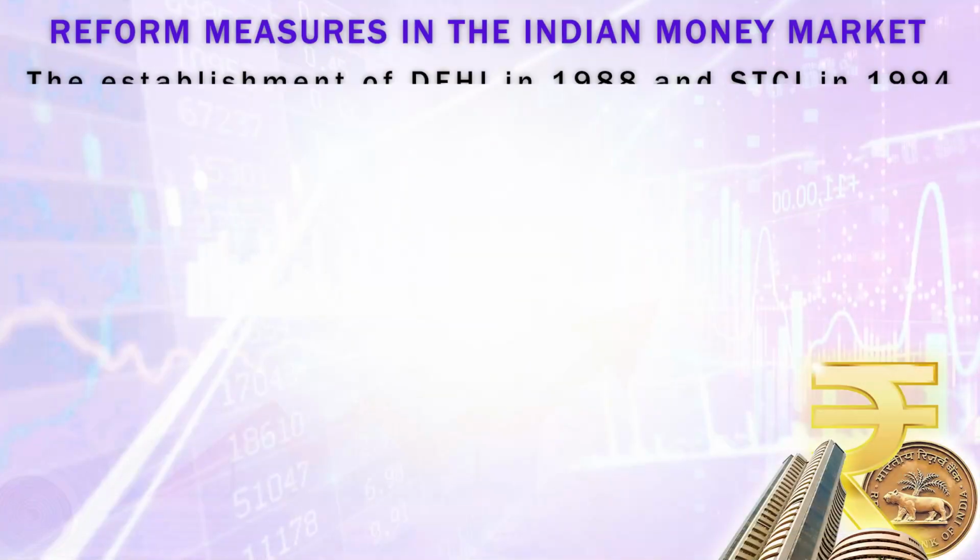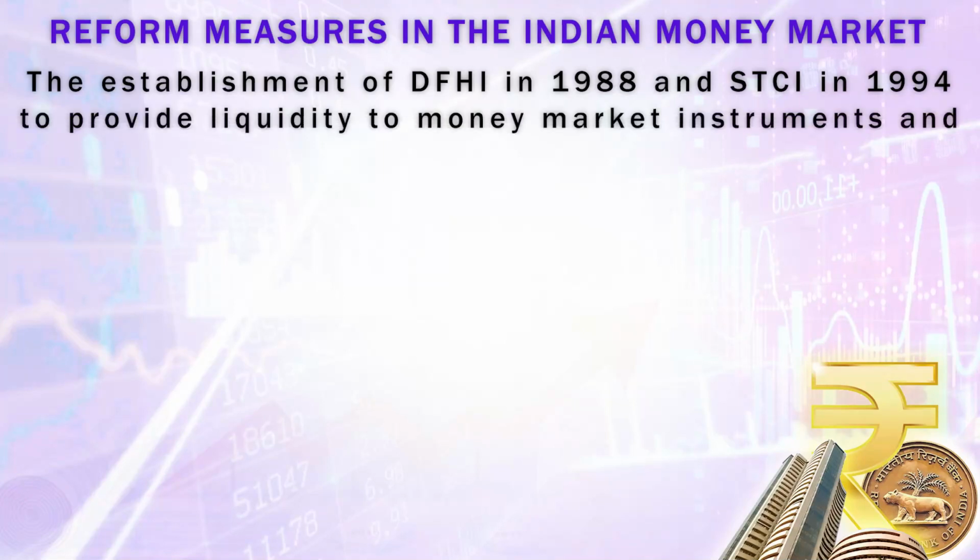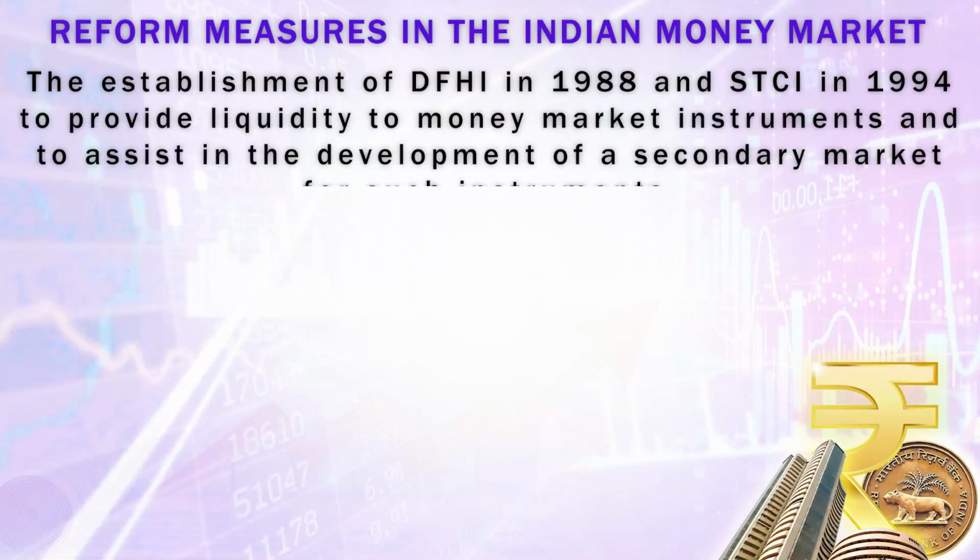In your study material, there are detailed explanations about the reform measures that have been initiated till the mid-1980s, but here I can mention a few of them which are more important compared to others. The first one is the development of DFHI and STCI, to facilitate secondary market functioning.